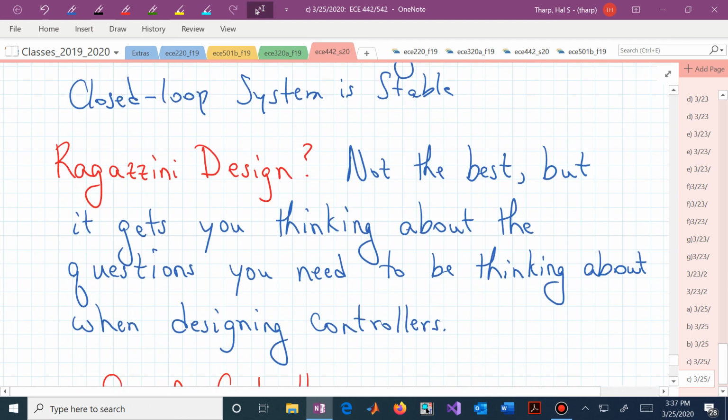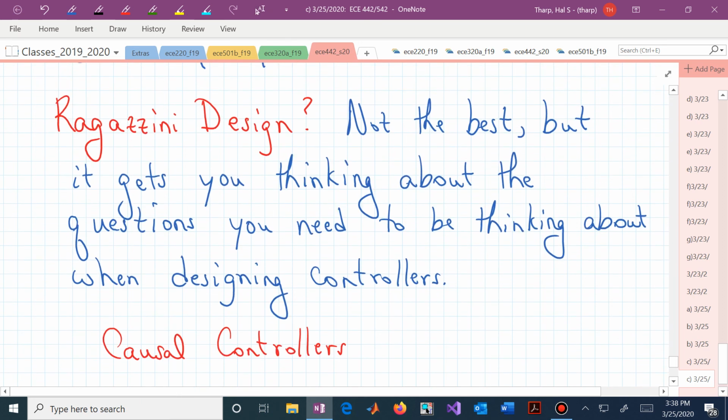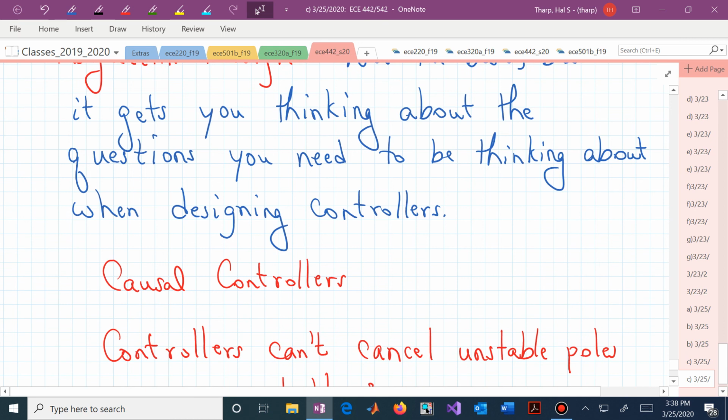What you're going to see then is the Ragazzini design is not the best. That's not the best controller design, but it does get us thinking about the right questions. And what are those right questions? Well, is the controller that we design causal? It has to be causal. We can't have an output of our controller before we even excite the controller.